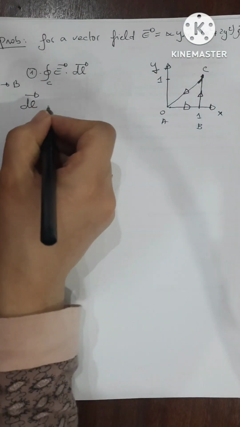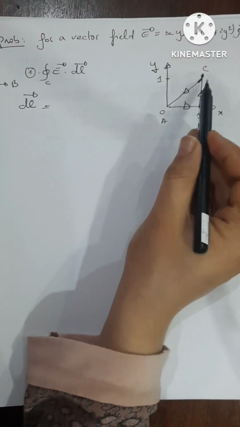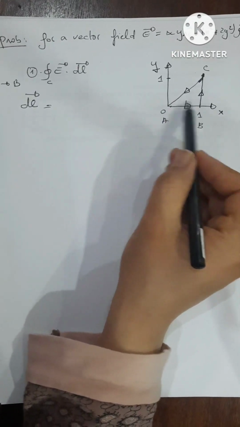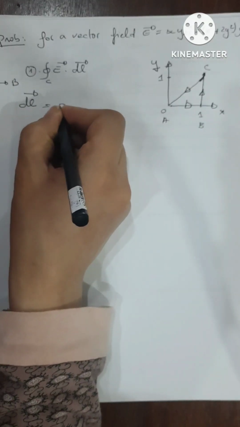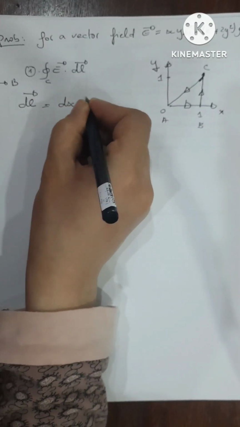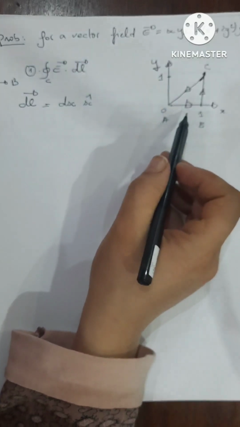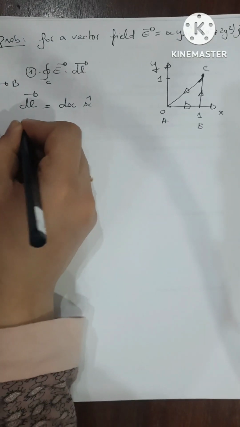dy is 0, so dl is dx in the direction of x. The only variable is x. What about E?